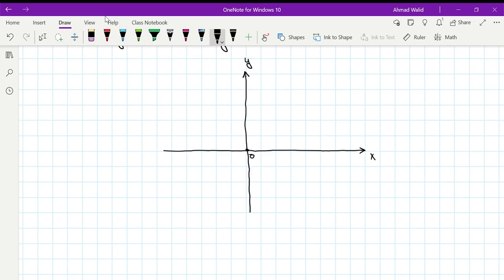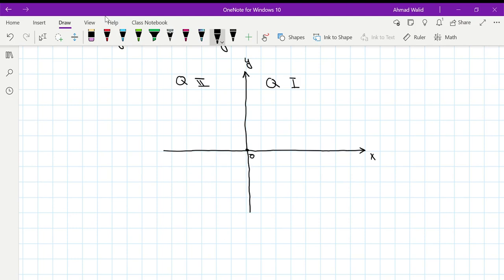Let's talk about this coordinate system, or rectangular coordinate system. You know it from algebra, that it has 4 quadrants. We call this one quadrant number 1. We call this one quadrant number 2.